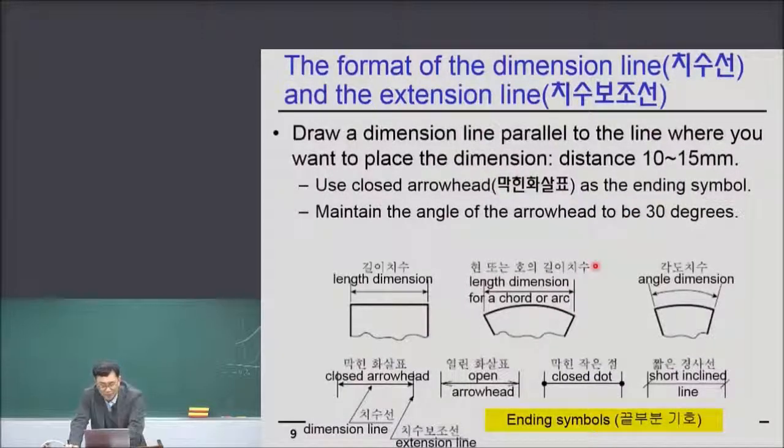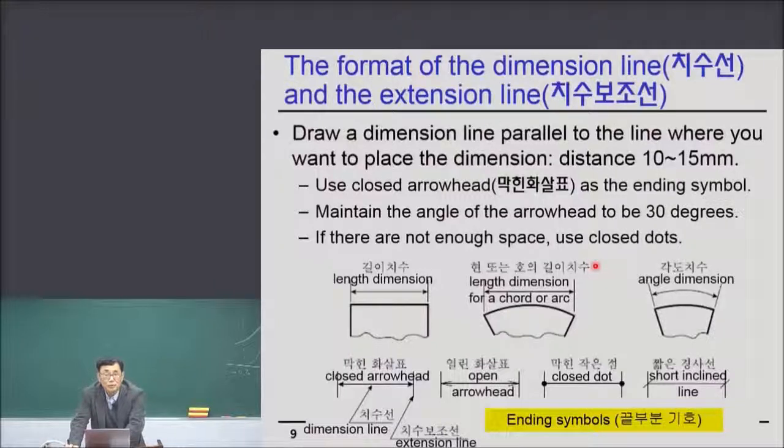It is recommended. It looks more professional. Okay. If there is not enough space, maybe you can use closed dots like this, which I will show you in some examples in a later slide.